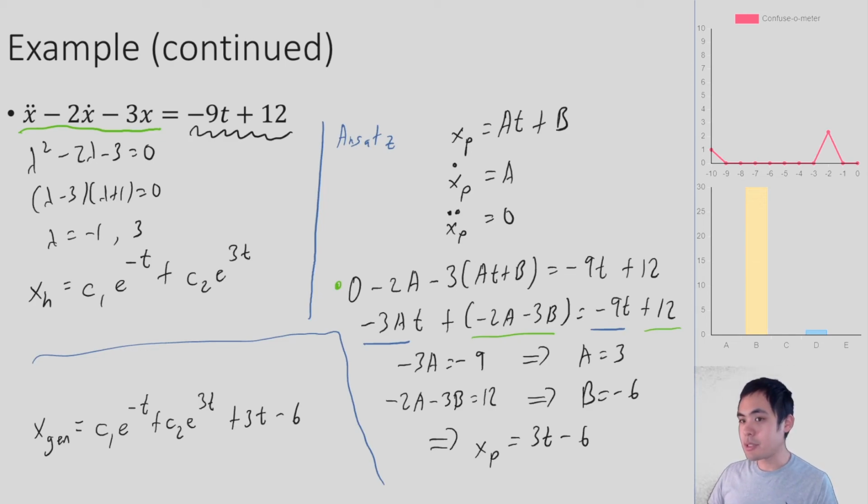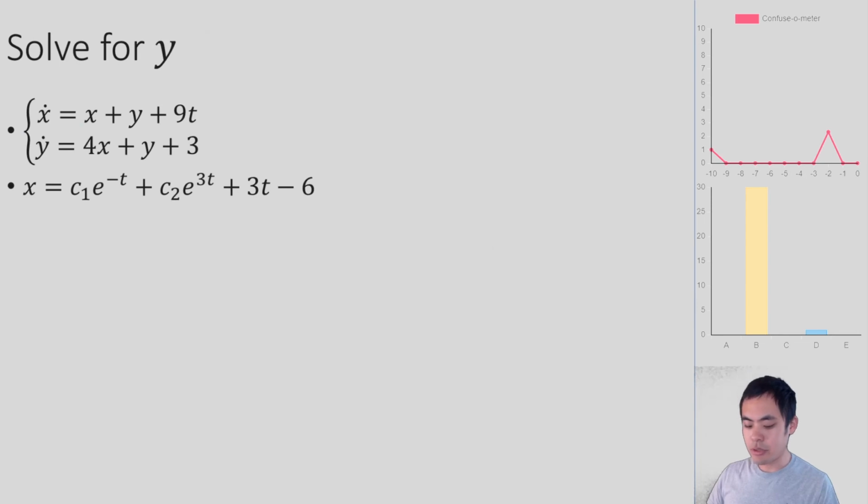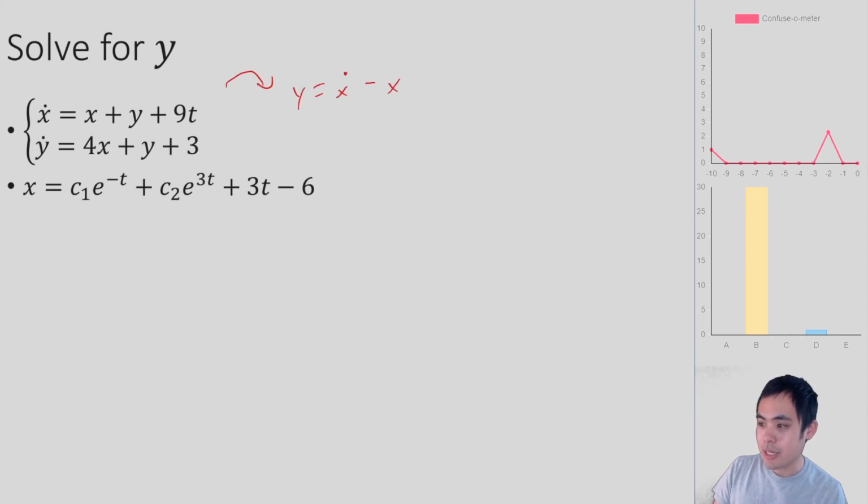Now, the next step is, well, now we need to solve for y. So remember that we had, these were our original equations, and this was our solution to x. And so this gave us that y is equal to x dot minus x minus 9t. And we just need to solve for that now. So, well, we know x dot here is equal to minus c1 e to the minus t plus 3c2 e to the 3t plus 3.